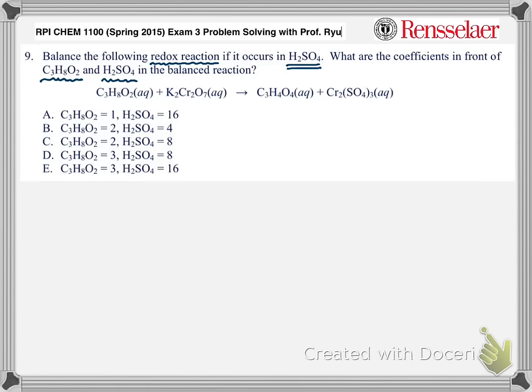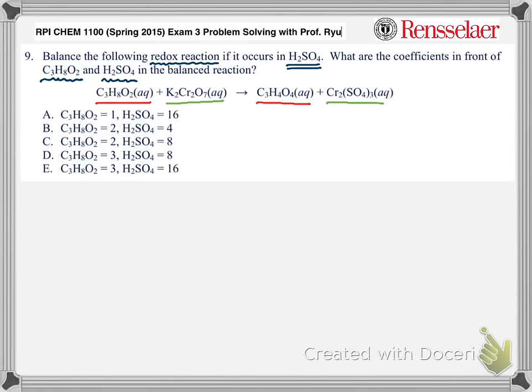This equation is not even balanced or shown up here. But we can certainly divide this equation into two pieces. One is this pair, something that contains carbon. The other one is, let's say, this pair, chromium and potassium and the chromium sulfate in this pair. So we have to do this one by one.